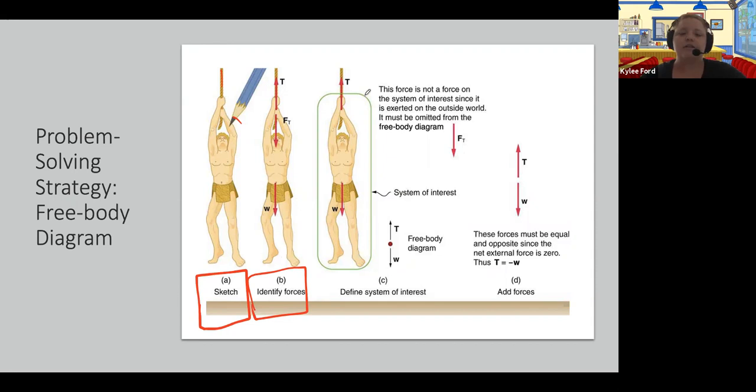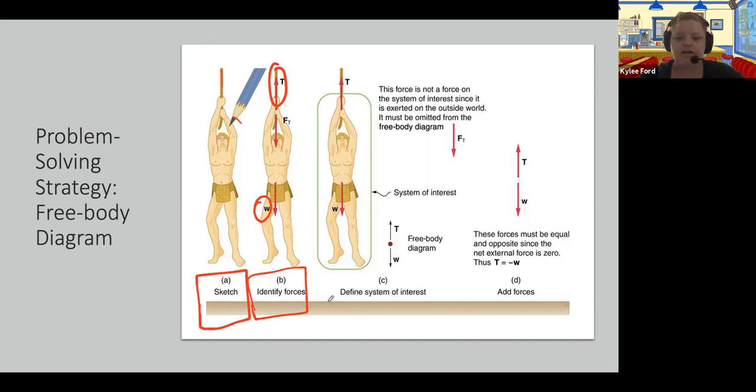We have a rope, right? And there has to be some tension because he's pulling on it. So there is a tension from the person on the rope. Then we have the weight of the person. And we have some other force here, I'll talk about that in a second.